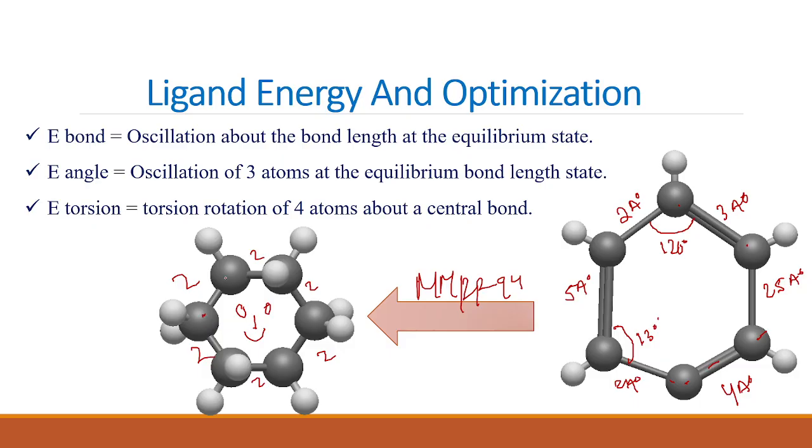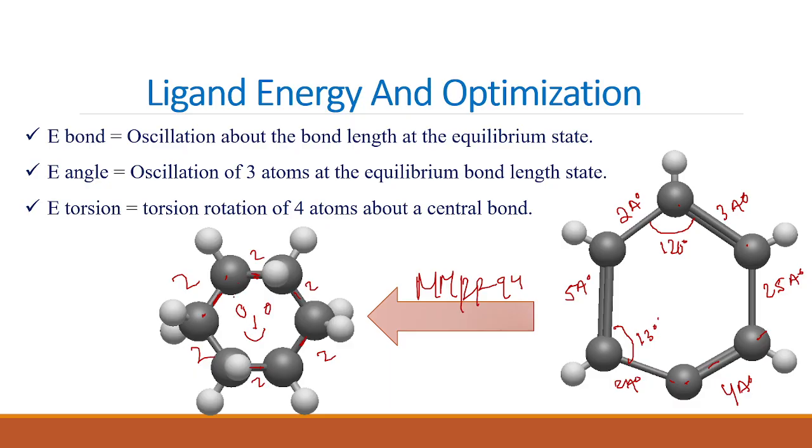Means this carbon and this carbon have a bond length of 2 angstrom. This is the same for all. I will show you an example by using Avogadro. Don't worry about that. It means all the compounds have the same bond length.